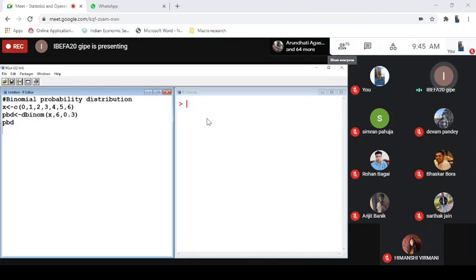This is the syntax. dbinom gives individual probability in the sample.